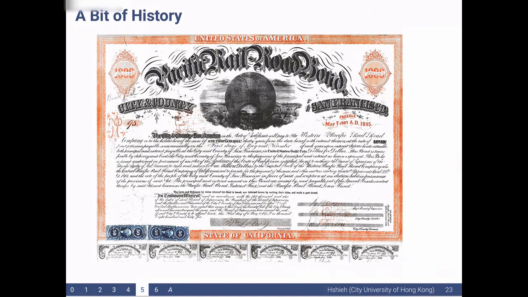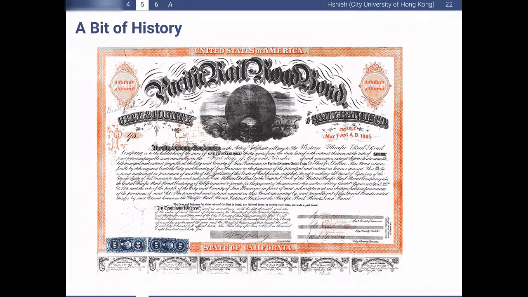Okay, so what I show you here is a corporate bond that's issued by Pacific Railroad, which is a railroad company from a long time ago, back in the 1800s. And as you can see, this document doesn't have any specific name associated on it, other than the company that's issuing it. So if you actually own this bond, you are entitled to redeem coupon payments and the principal payment at maturity.